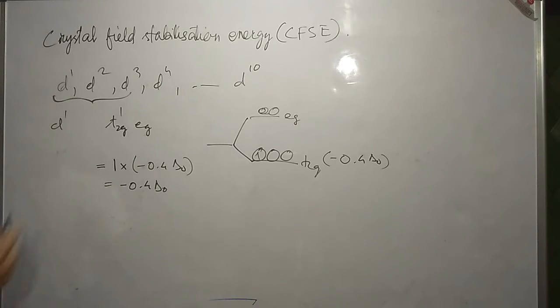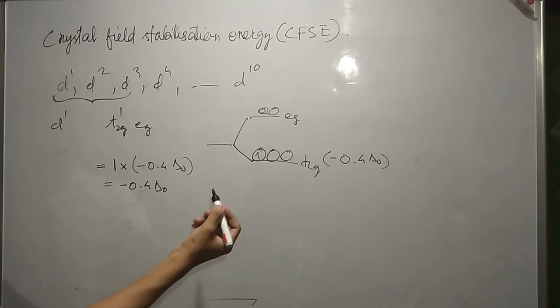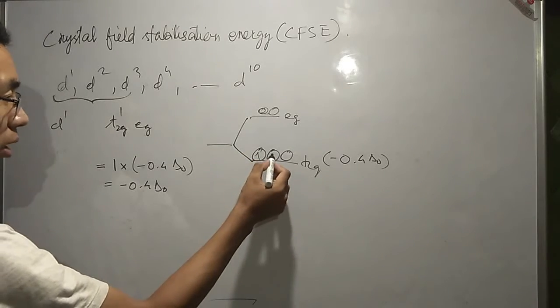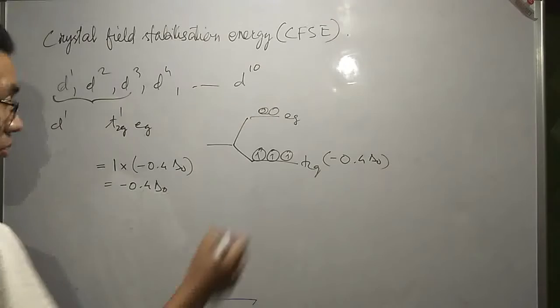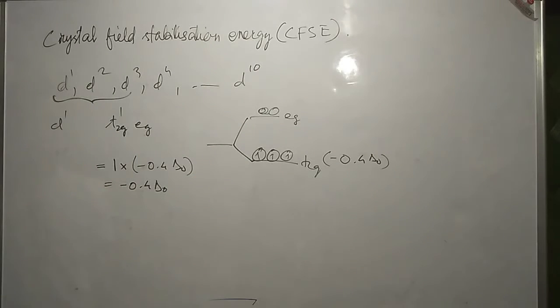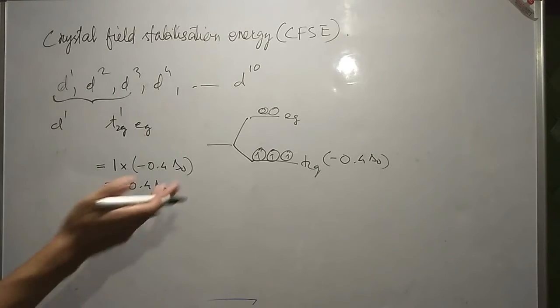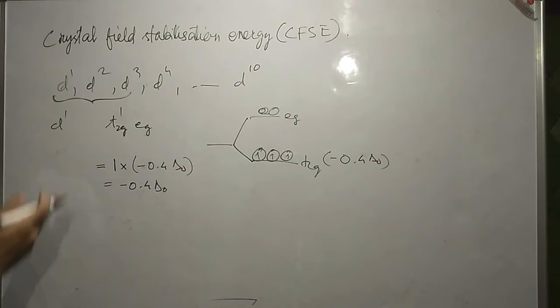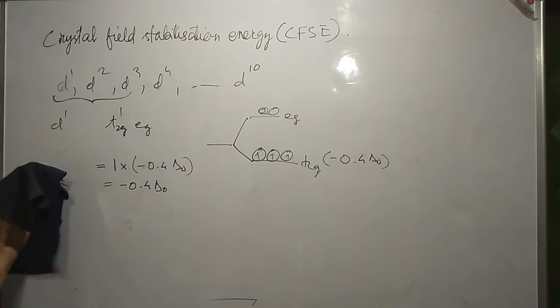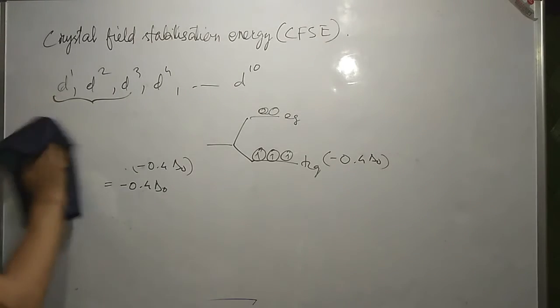So for d1, d2 and d3 type of configuration, if it is d2 then 2 electrons will be there, if it is d3 then 3 electrons will be there. It doesn't matter whether it is low spin or high spin, the crystal field stabilization energy calculation will not be difficult, because we don't have to look whether it is a high spin or low spin complex. But for a d4 configuration, let us see how it is.